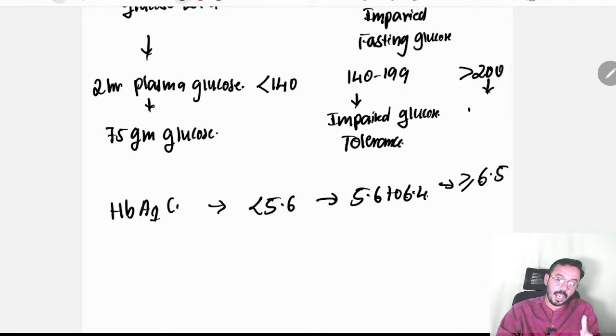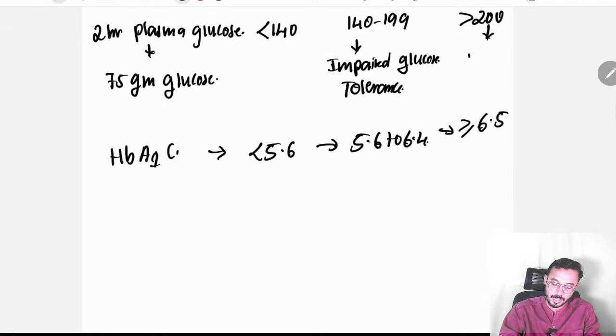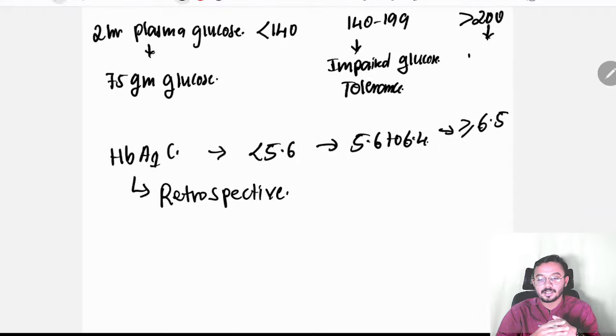I would like to add one more point about the HbA1c value: this is a retrospective test. What do I mean by retrospective? Imagine a person consumes low glycemic index food such as ragi at night; in the morning his blood glucose value will definitely show less, right?